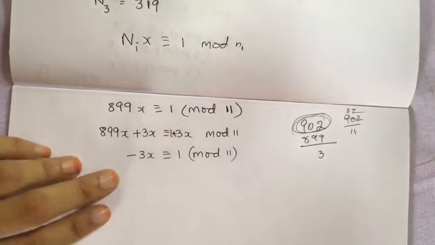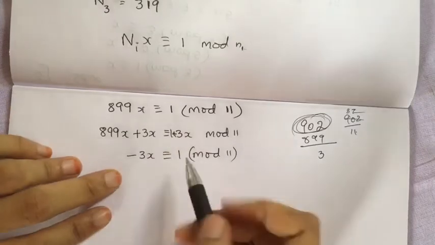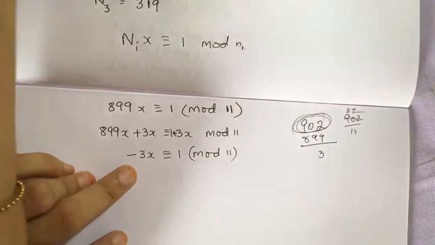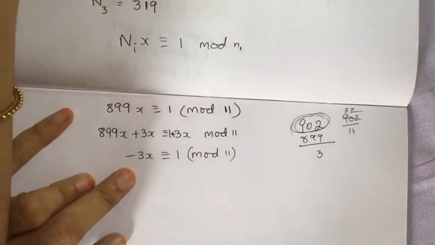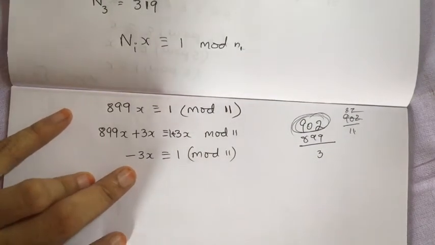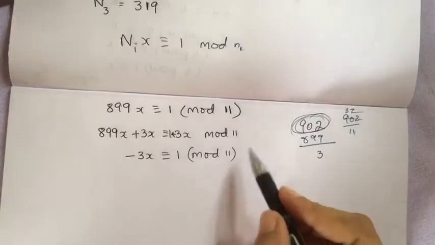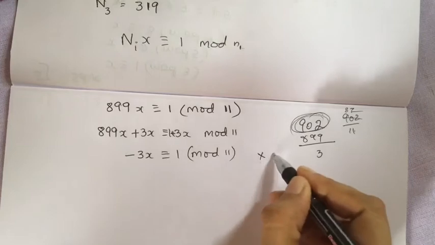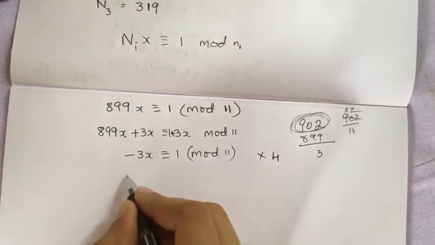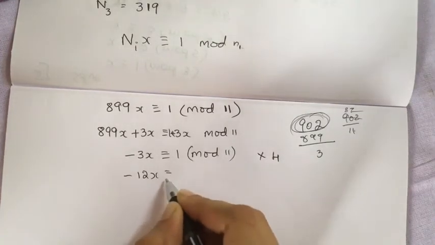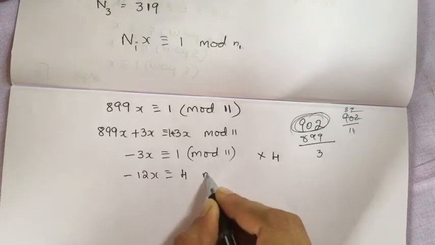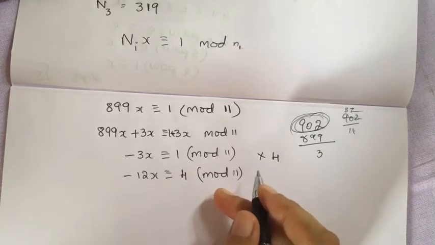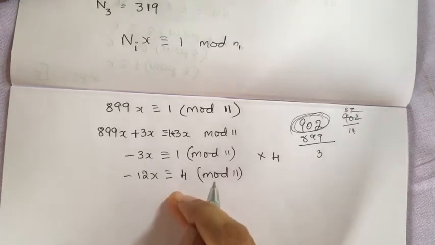Now again this is a negative value, so I can multiply by 4 so that I can make 12. So this will be minus 12x congruent to 4 mod 11, and I have to make it 0 mod 11.